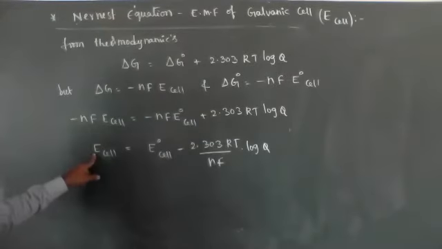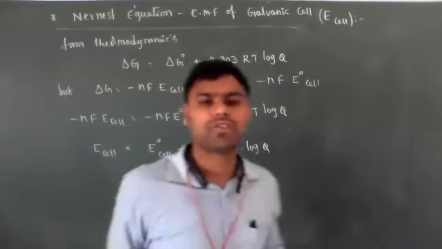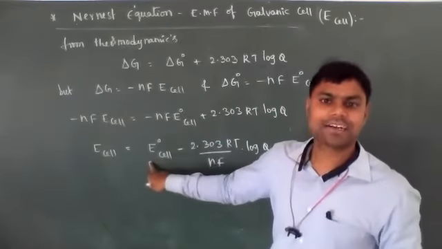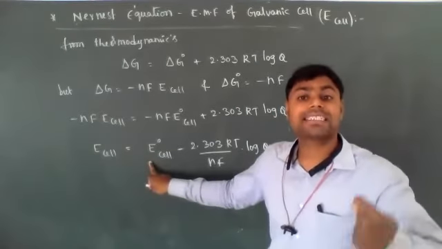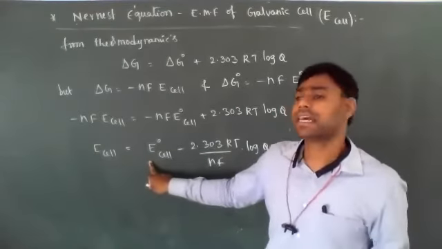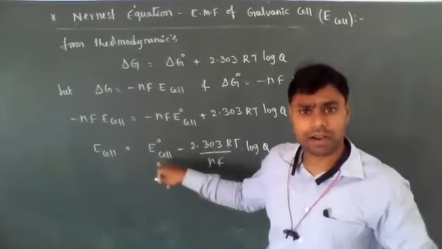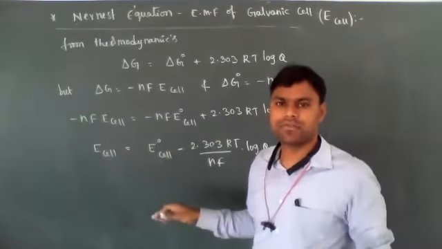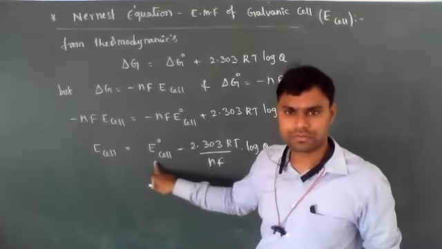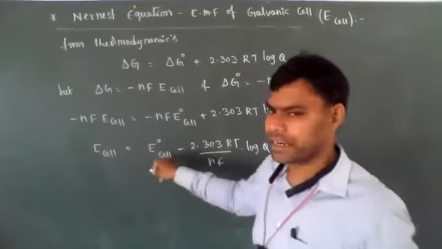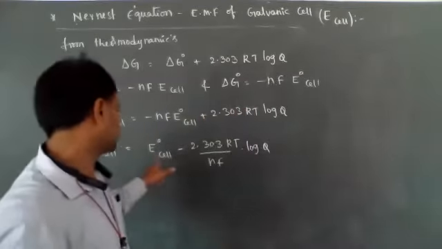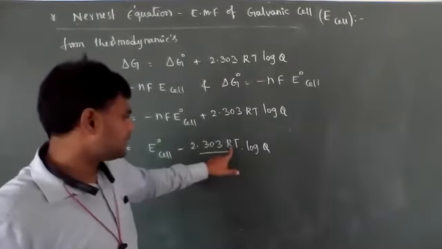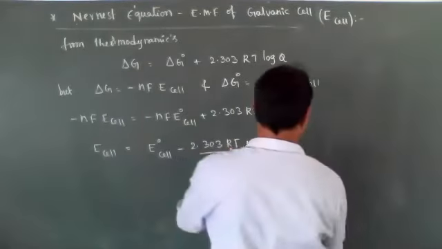Now in this equation, E cell is the electromotive force of the cell under different concentrations. E0 cell is the electromotive force of the cell under standard conditions. We have already discussed three different formulas for E0 cell for cathode and anode. R is the gas constant.